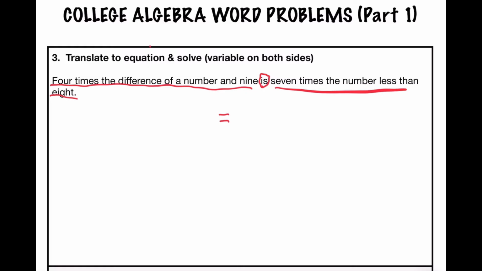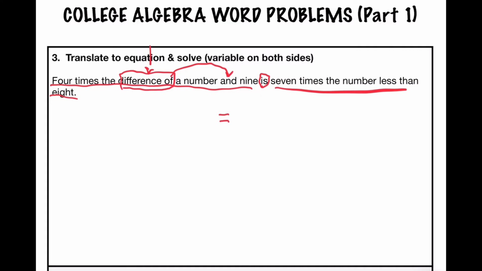So now I'm just going to focus on the left side expression. I'm going to look for words like than or from, or sum of, difference of, product of, knowing that I have to open up a set of parentheses, and I'm going to connect that word of to the word and, so I know what the sum, difference, product, etc. is. So it says 4 times the difference of a number and 9. There's no than or from, so what I see is what I get. I'm going to write it in the order, but I do see the phrase difference of, so then I'm going to look for the word and, so I know what I'm subtracting.